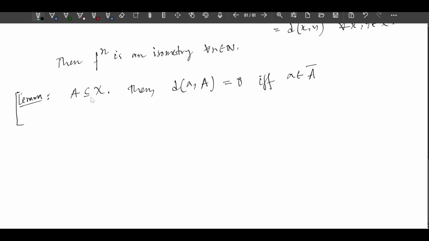You can prove this very easily using only the definition of A closure. And what is the definition of this distance? It means the infimum of distance of a comma x such that x belongs to capital A. All such distances, and take the infimum. Now we will proceed to prove the theorem.